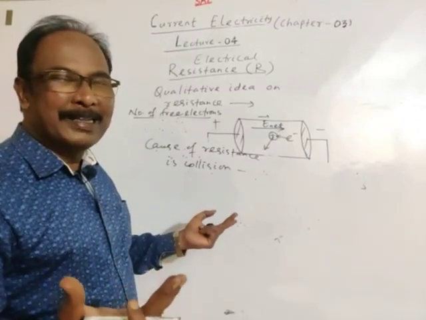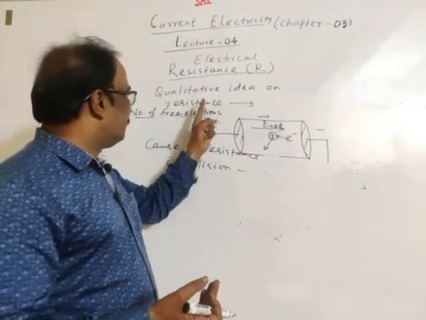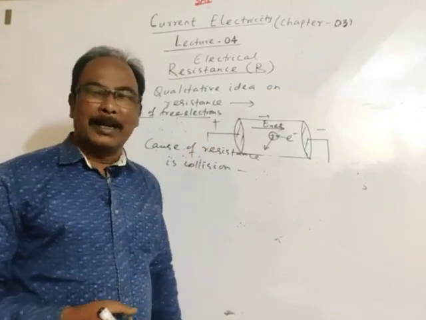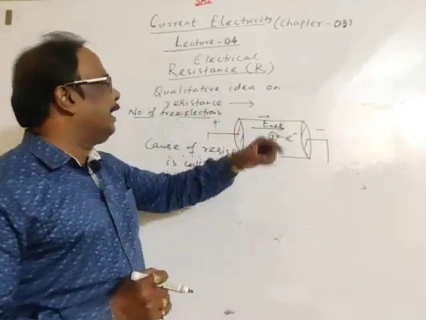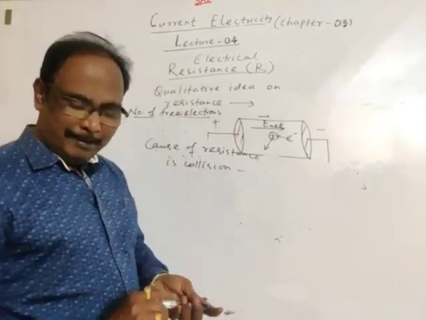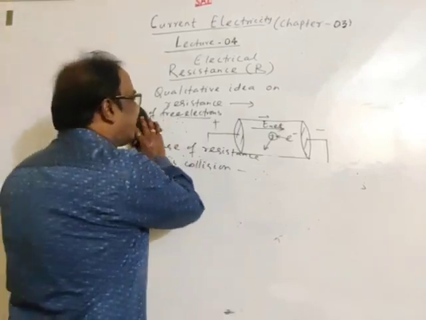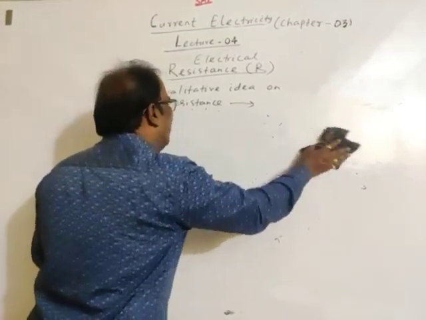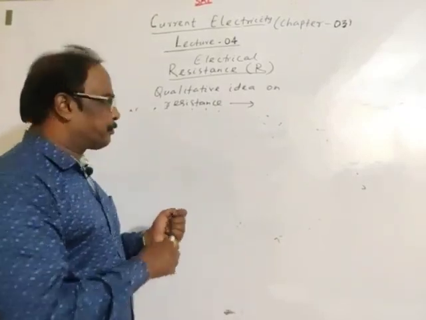That speed is called drift velocity. So the cause of resistance is collision. Then what is the qualitative definition of resistance?